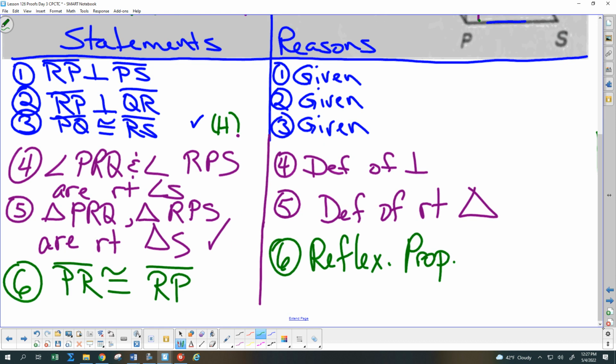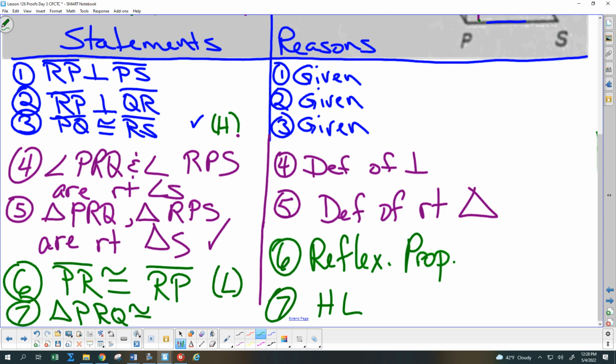So now we have hypotenuse, we have right triangle, we have legs. Now we get to say by HL that our two triangles are not just right triangles, but congruent right triangles. So triangle PRQ and triangle RPS are congruent triangles. Anybody with a question there?